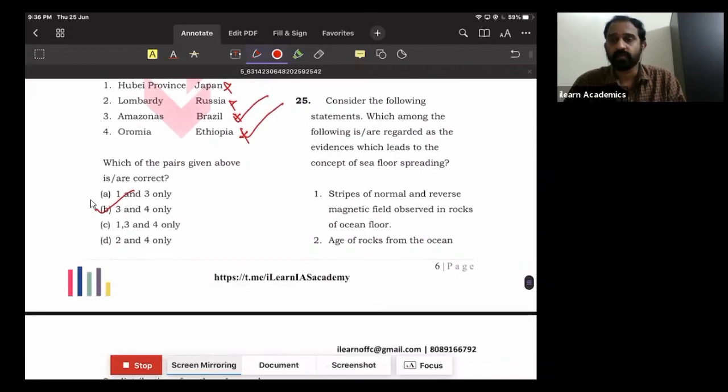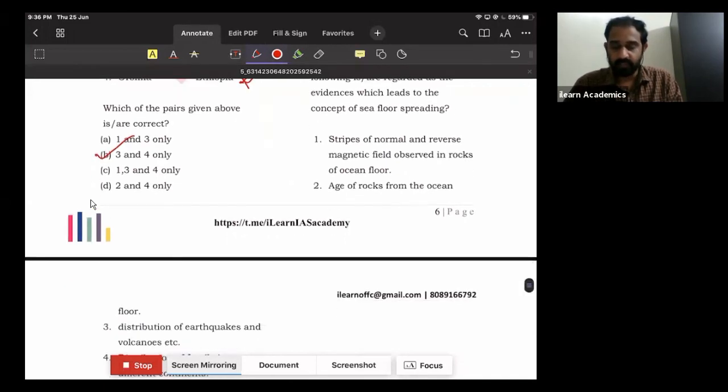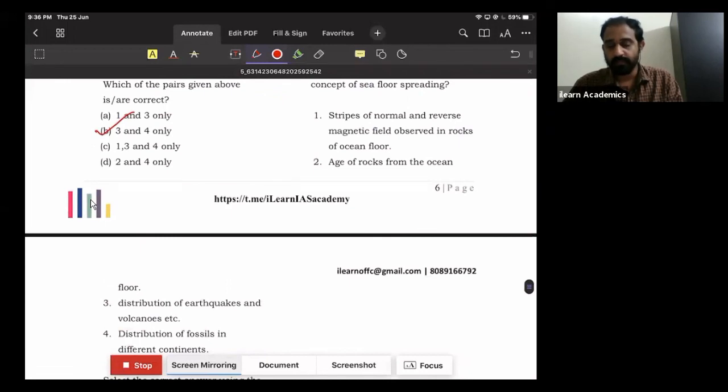Last question, question number 25. Question number 25 is regarding sea floor spreading. So you have to identify which of the following statements given are evidences that leads to the concept of sea floor spreading. Okay, first one says the stripes of normal and reverse magnetic field observed in the rocks of the ocean floor.